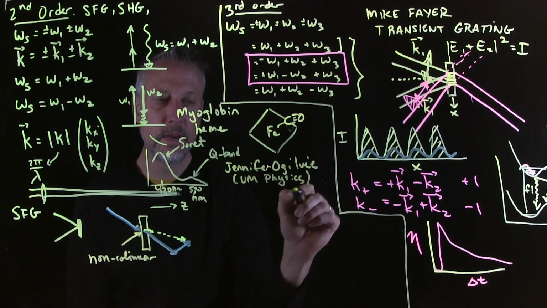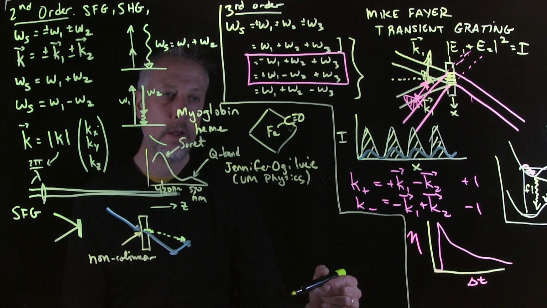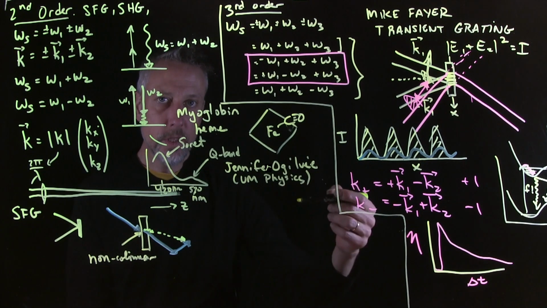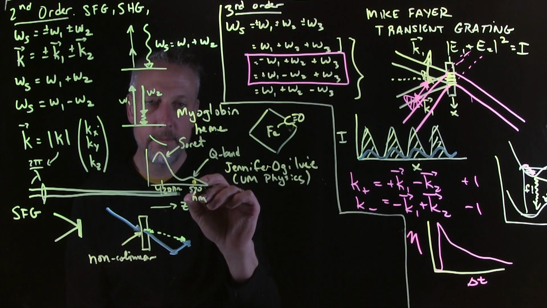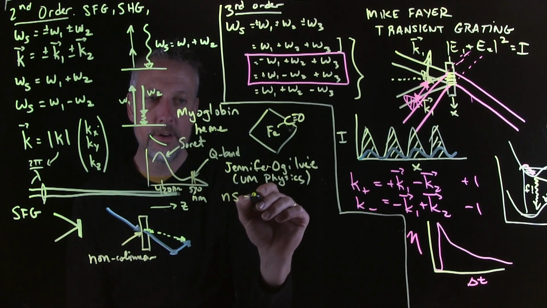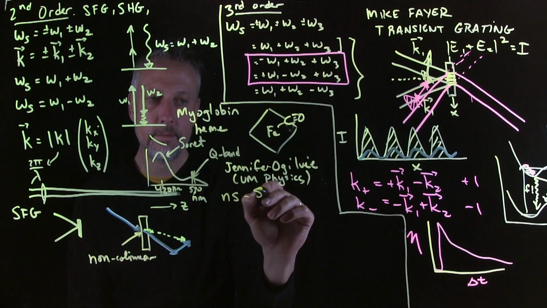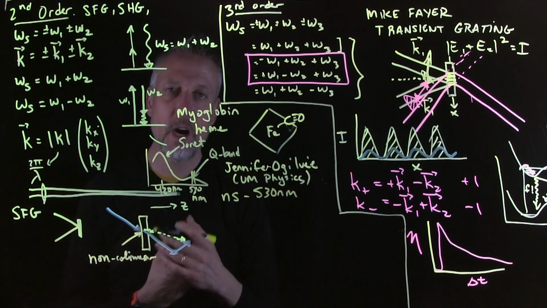And actually I like it too because it's not the fanciest experiment in the world, partly because what they did was they used nanosecond lasers to excite in the green, around 530 nanometers, which photodissociates the carbon monoxide.